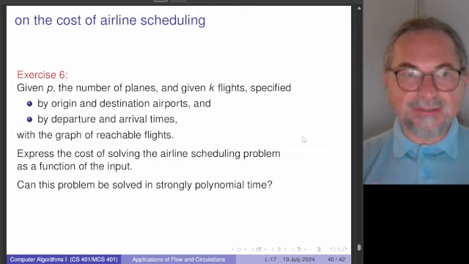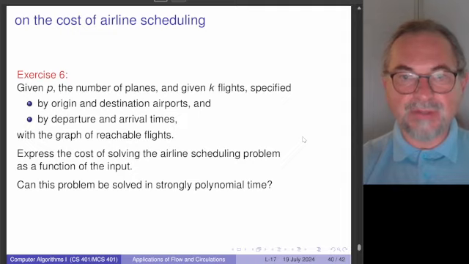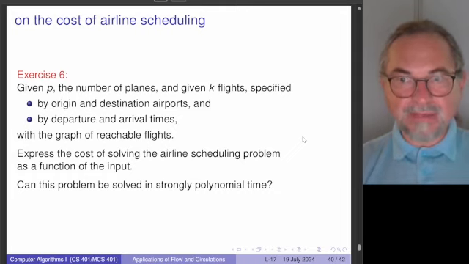Okay, so we start with P planes and K flights, so we have at least K edges, but in our flow network, we actually start also from the graph of reachable flights. So you can assume that the cost as a function of the input is that capital M, the number of edges in the graph of reachable flights, where the graph is extended to a flow network.